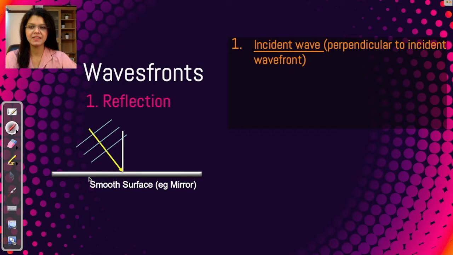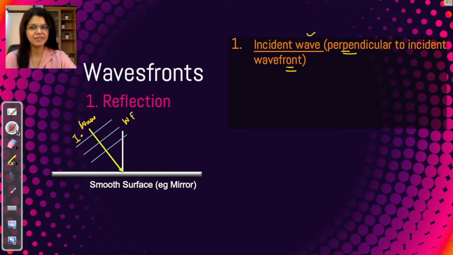So the yellow line that you see here, that's your wave. And the blue lines that you see here, these are your wave fronts. So the incident wave will be perpendicular to the incident wave fronts. Now you have identified the incident wave.